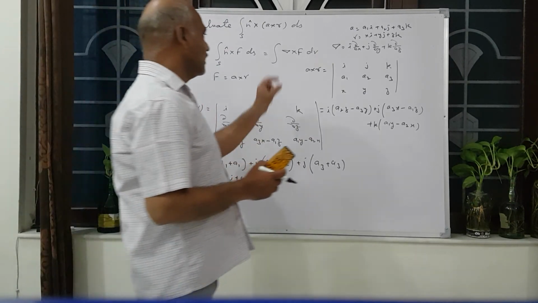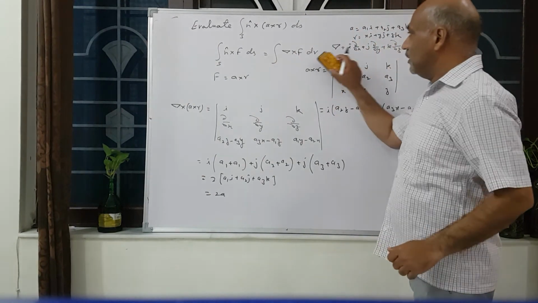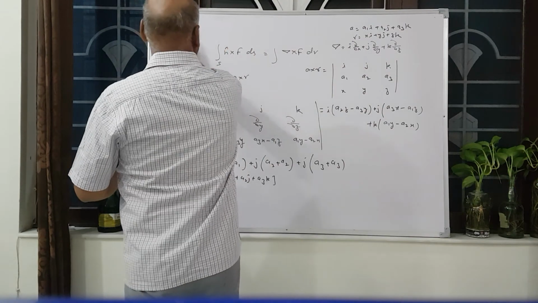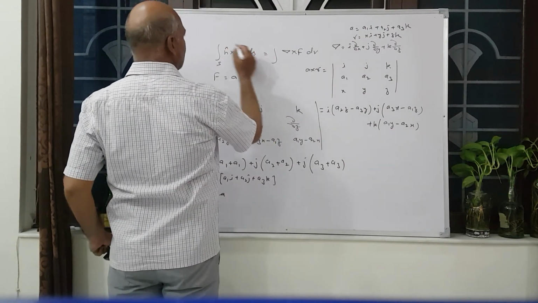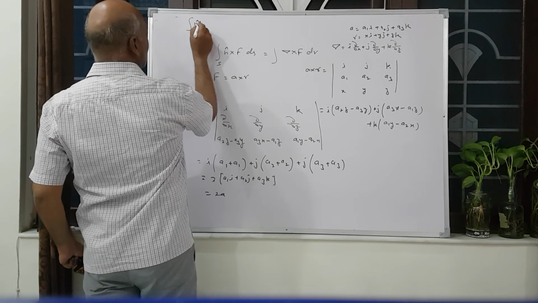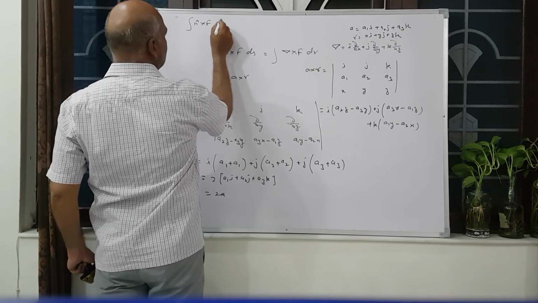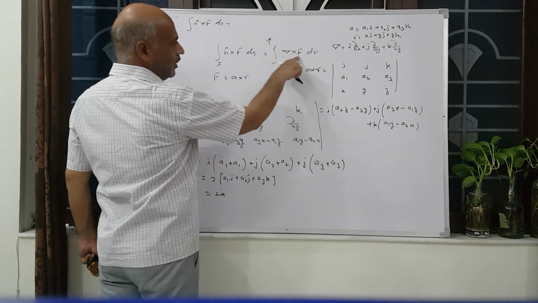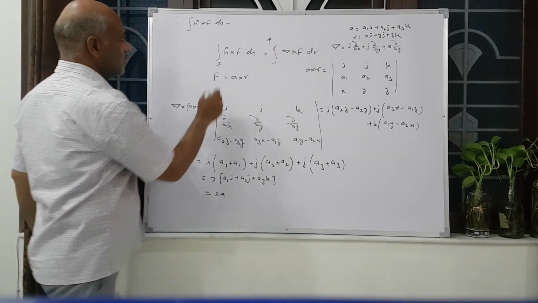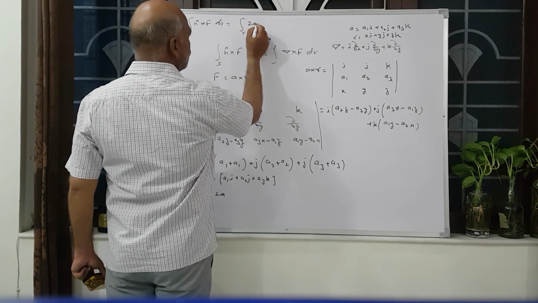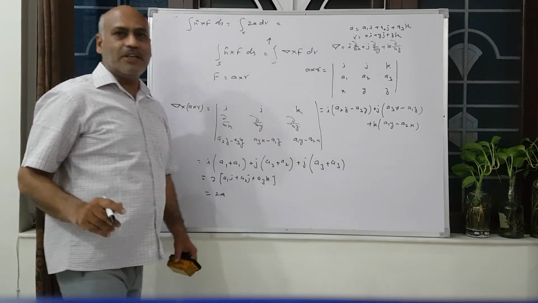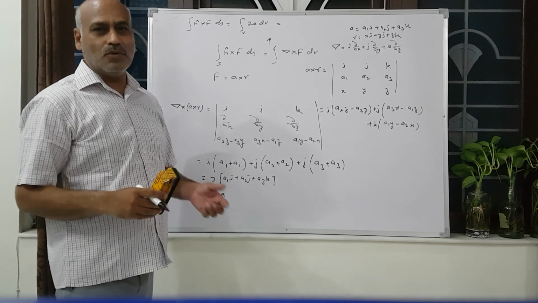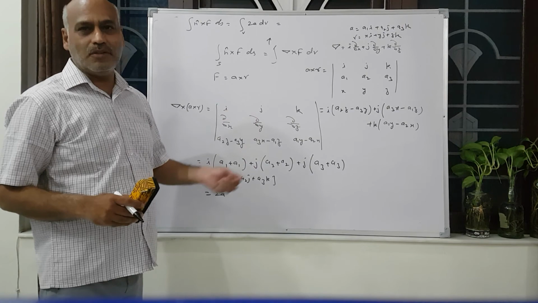So now we write here: n cross F ds equals del cross F, which means 2A dv, where dv means volume. Whatever is given, if a cone is given we will use the volume of a cone, if a sphere is given we will use the volume of a sphere.